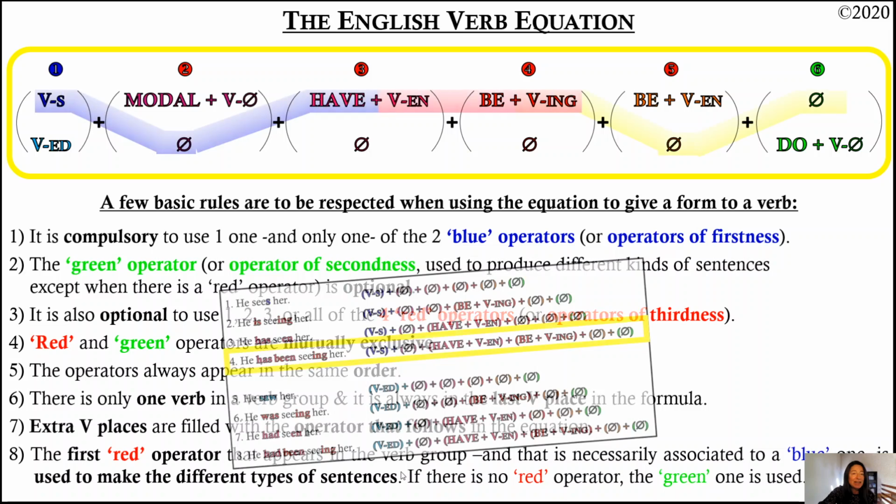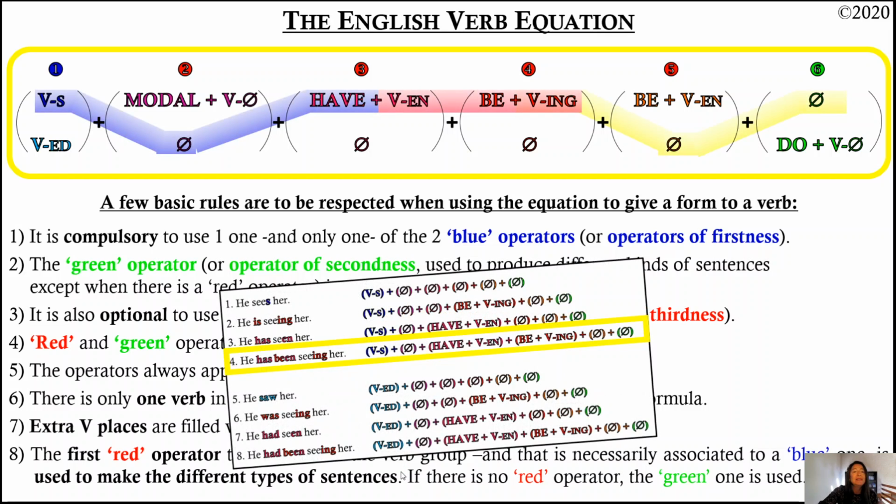So that is actually what we will be dealing with in the next video when we go over all the formulas that are included in the verb equation. That is to say, all the different ways to combine these operators one with another. And we will see how to create those formulas and how to use them.